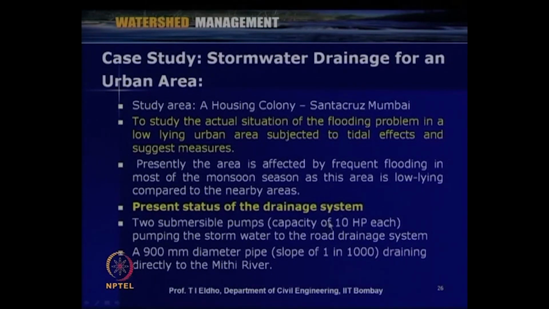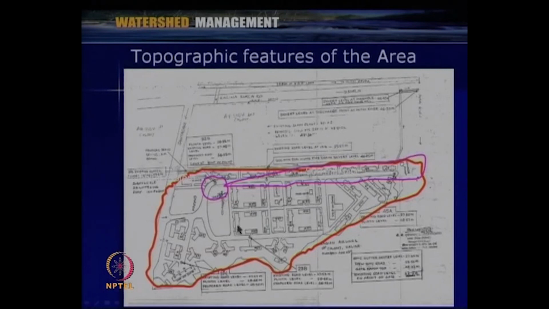The present status of the drainage system is two submersible pumps which pump this storm water to the outside drainage system, and then there is a 900 mm diameter pipe draining directly to a nearby river called the Mithi river. This is the area. You can see that for this entire area there is a major drainage system going to the Mithi river here, which joins the Arabian Sea.